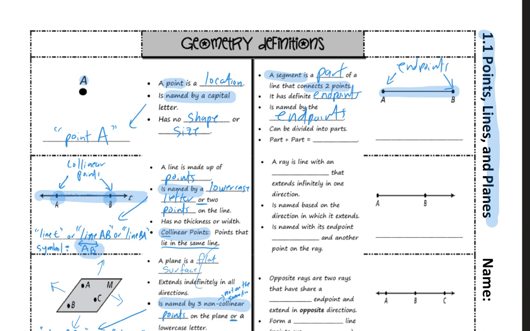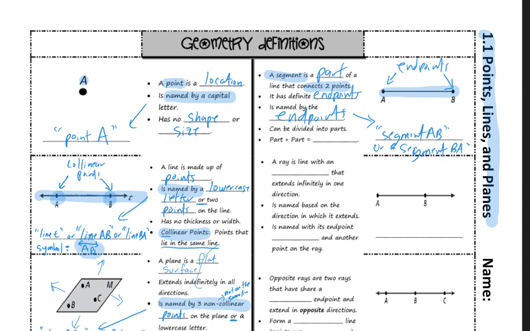Okay, so we would name this one just like you might think, segment AB. Or we can say segment BA. Right? We can go either direction, AB or BA. Okay, and then the symbol we said for the line, we use this one where it has an arrow on both sides.